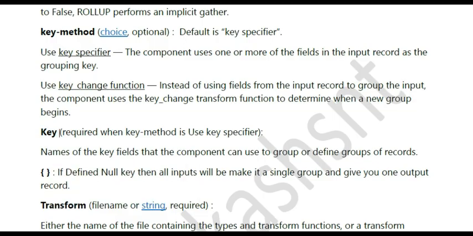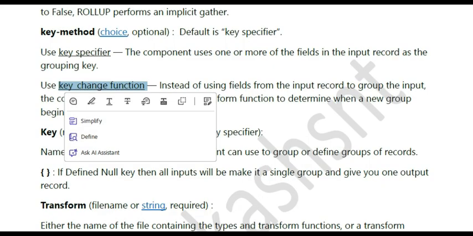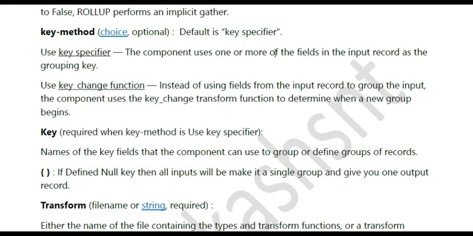And if you don't have the key in your input record, you don't know what group you have to make as a key, let's suppose every 5 records you have to make as a group, then you can use the key change function. For details related to key change function or examples, we will discuss in another video.